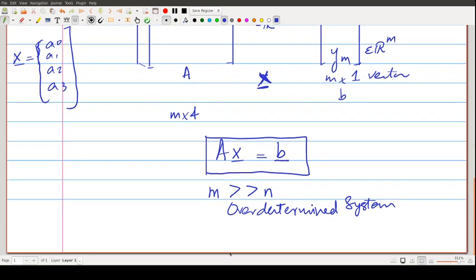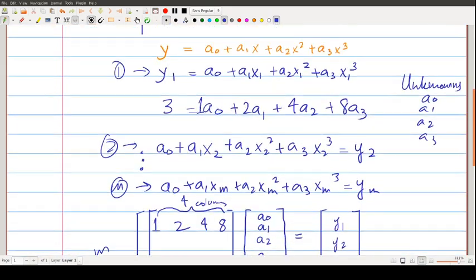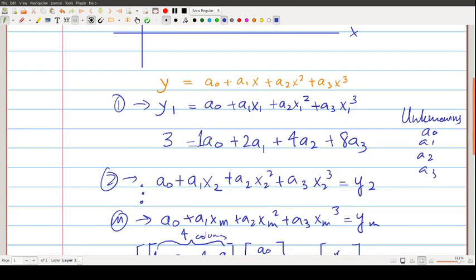Here's the clincher: overdetermined systems like these usually don't have a solution. That's definitely a problem, because you can fit many different curves through these data points.